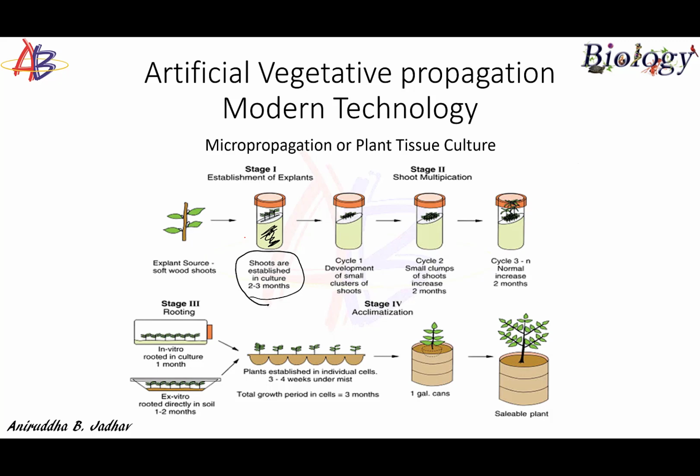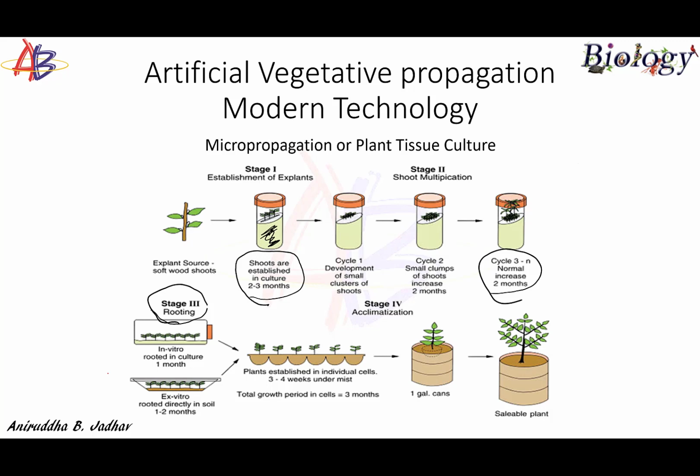As the number of shoots keeps increasing, these shoots are further excised and shifted into other containers. Once the desirable number of shoots is obtained, the next step is the rooting step, where the shoots are subjected to nutrient medium containing phytohormones, giving rise to roots from the developed shoots.